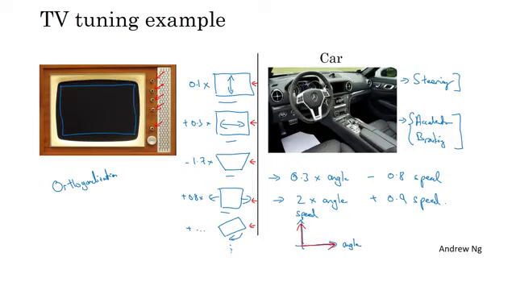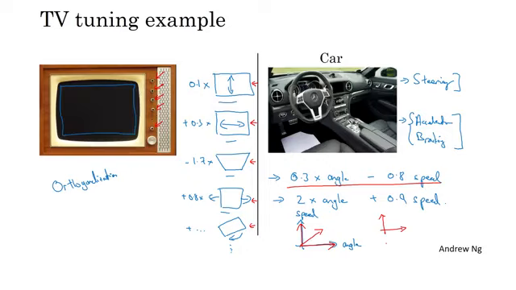But if you had a control that mixes the two together, like a control like this one, that affects both your steering angle and your speed, something that changes both at the same time, then it becomes much harder to set the car to the speed and angle you want. And by having orthogonal, which means at 90 degrees to each other, controls that are ideally aligned with the things you actually want to control, it makes it much easier to tune the knobs you have to tune: the steering wheel angle and your accelerator, your braking, to get the car to do what you want.